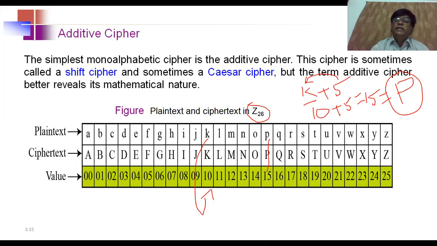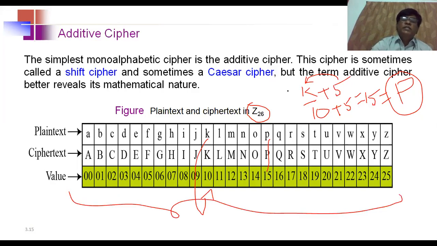This set cannot increase beyond 25. That's why all these integer values assigned to the alphabets are in Z26, the residue integer set of modulo 26.